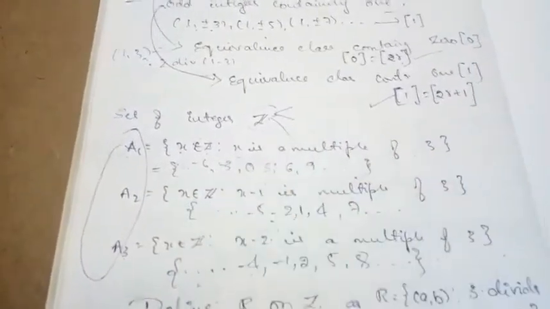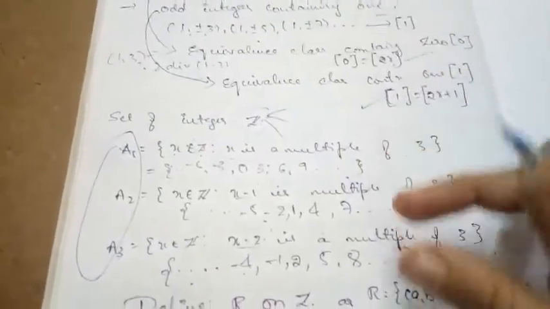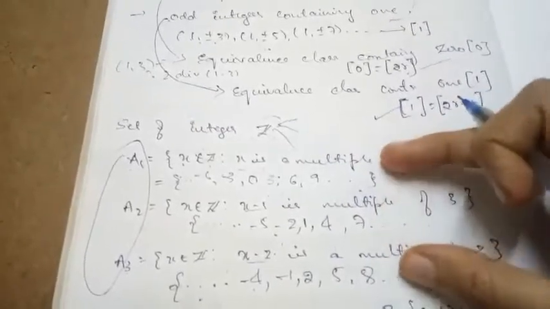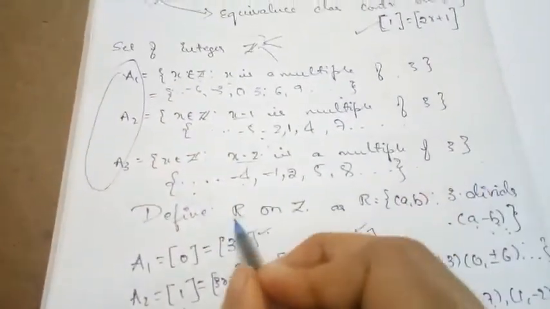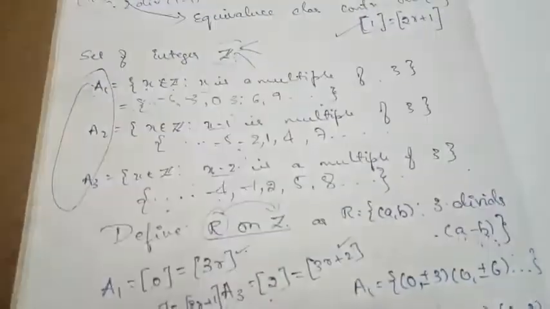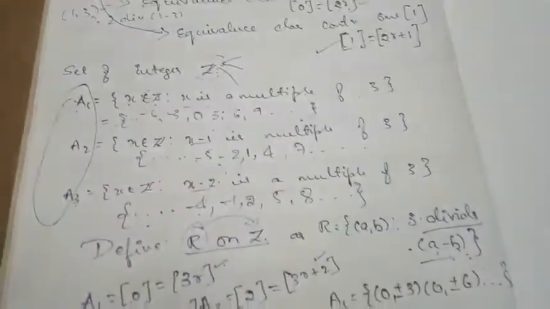Here x is a multiple of 3, here x minus 1 is a multiple of 3, and here x minus 2 is a multiple of 3, which were different. By looking at these three different relations, I clubbed them into one relation, and defined that one relation R on the set of integers as R is equal to (a, b) such that 3 divides a minus b.